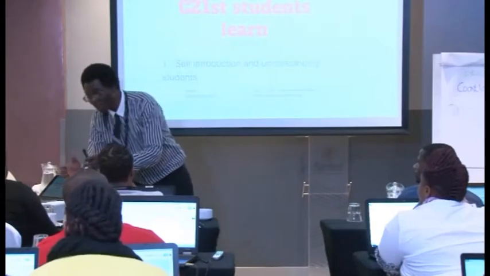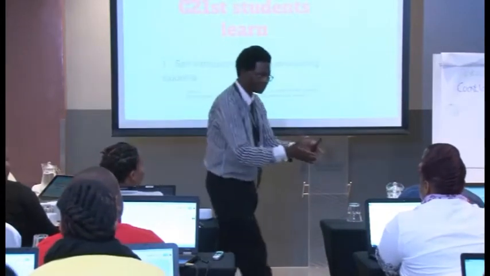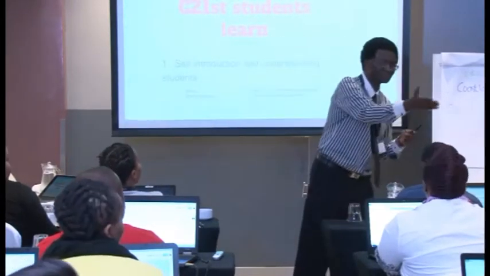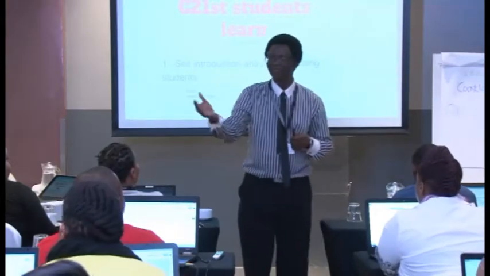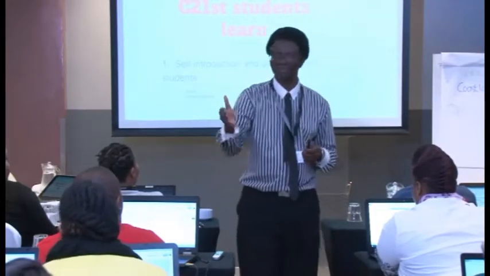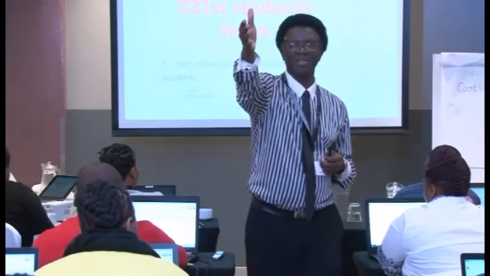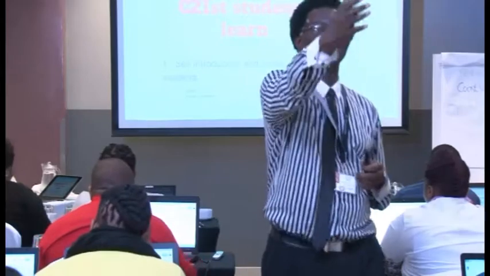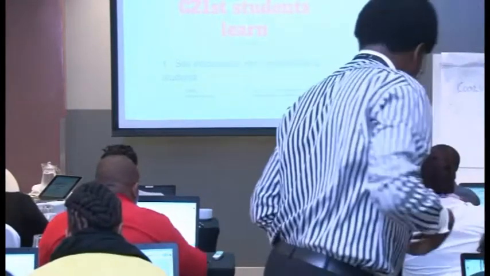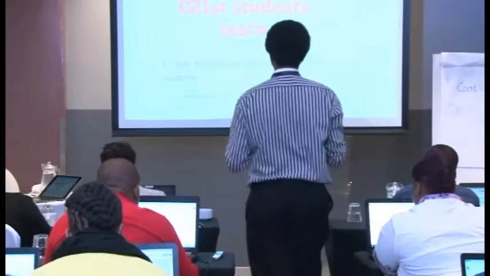Can we start here? 1, 2, 3, 4, 6, 7, 8, 10, 12, 13, 18, 19, 20, 21, 22, 23, 24, 25, 26, 27, 28, 29. Good. Now you know your numbers.